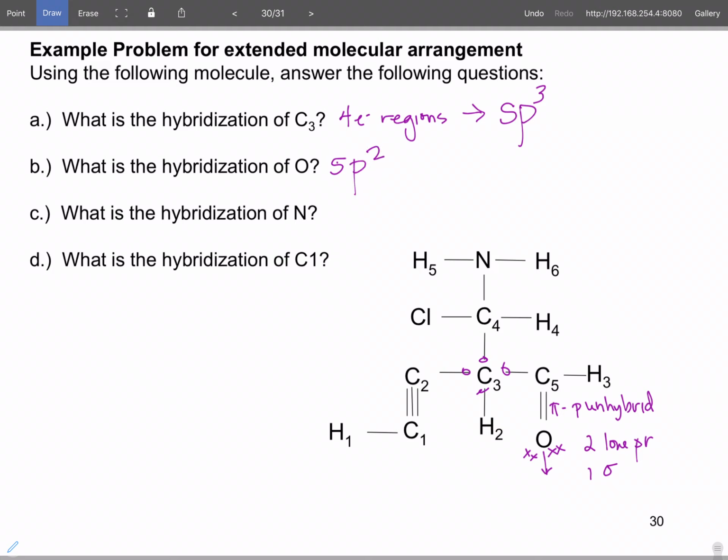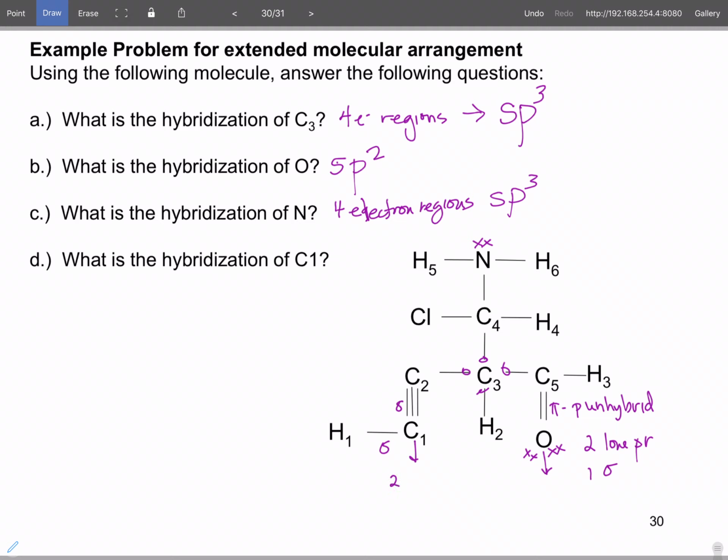Now our nitrogen, we look at it and it has 3, right? No, don't forget the lone pairs. So it has 4 electron regions again, so that means it is sp3 hybridized. C1 here has a sigma here and a sigma here, so it has 2 electron regions.